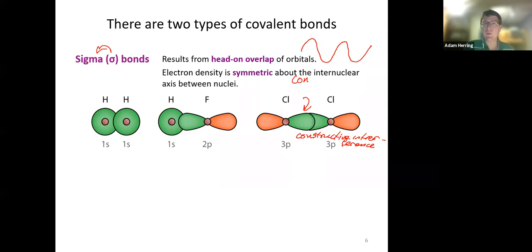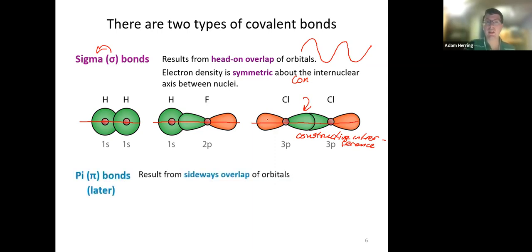In this case, when we have sigma bonds, the electron density is symmetric around the internuclear axis. Another way of thinking about this is that you can draw a line in between the nuclei, and that's where the orbitals are overlapping, along the line in between the nuclei.